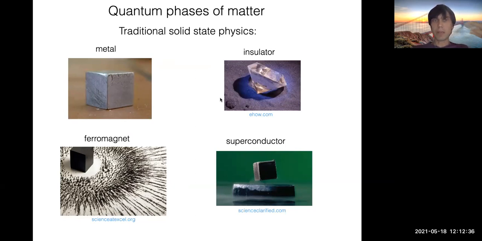I want to make a couple of points about these pictures. All the behaviors illustrated here are driven by the quantum behavior of many electrons sitting in the background of a periodic lattice of the ions.